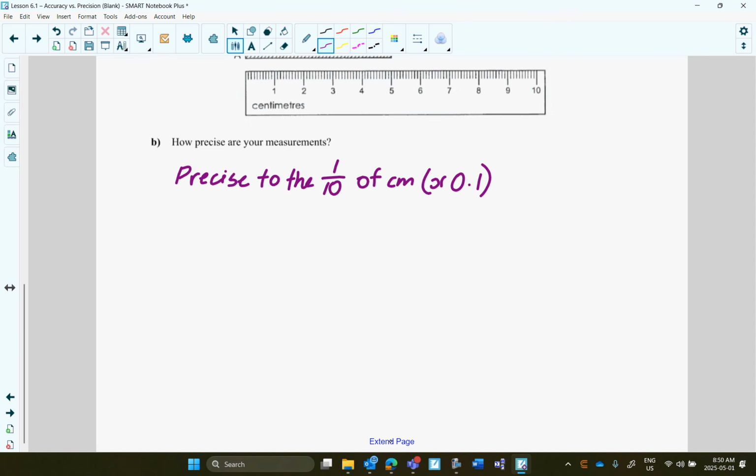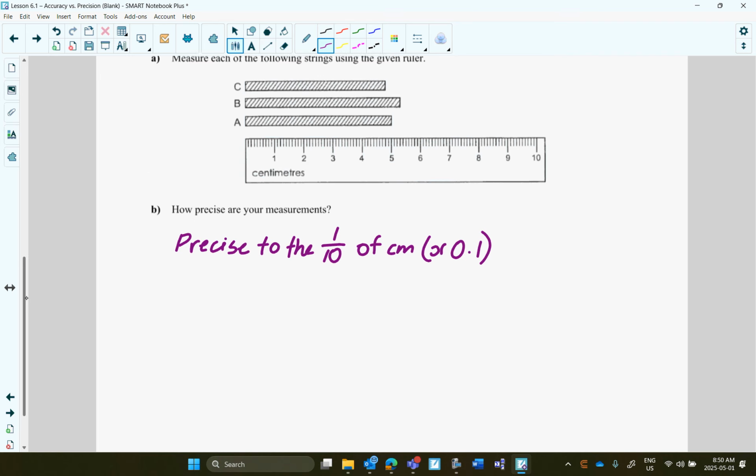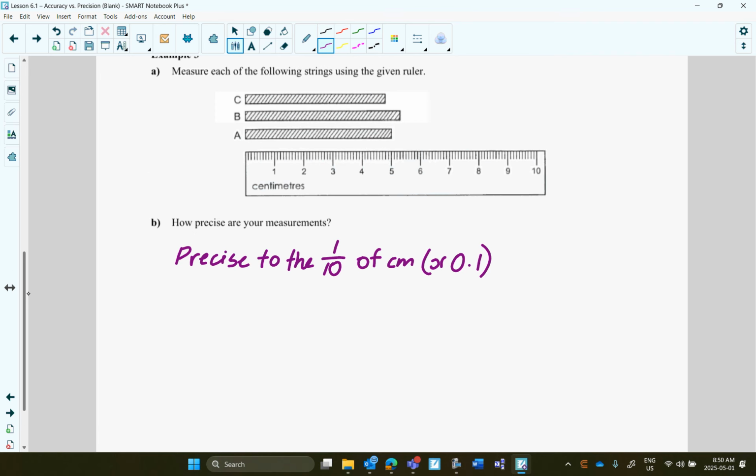So A, B, and C are no longer 5. We can be more precise. What would you say A is? Oh, I'm sorry, yeah, A is 5. I forgot they were upside down. Yeah, A would be 5. But did I express that correctly?